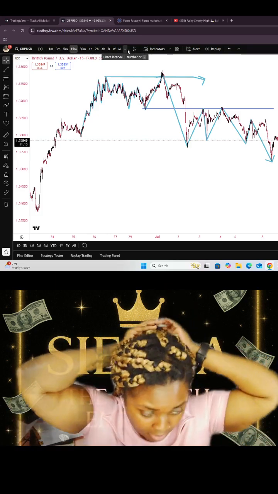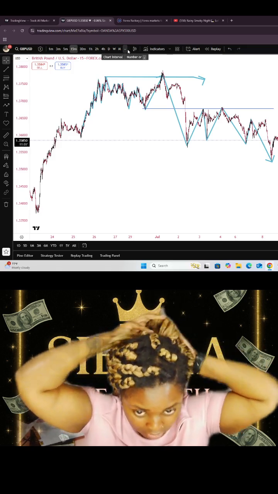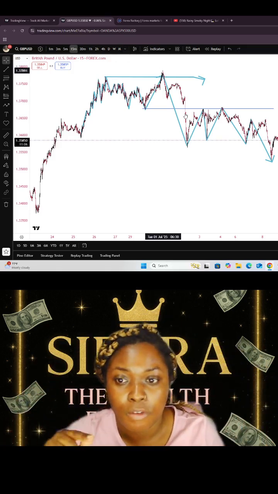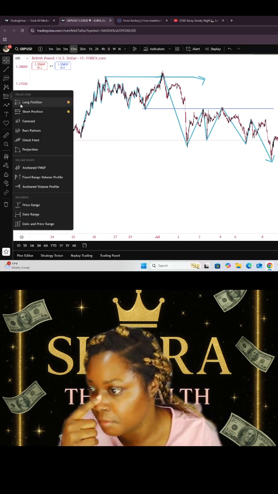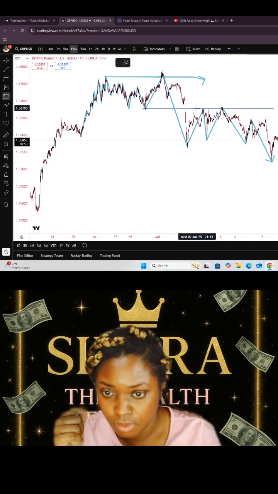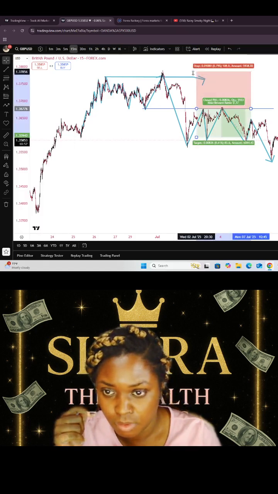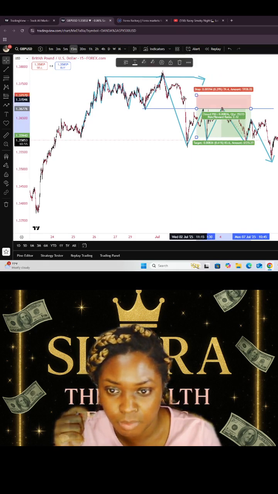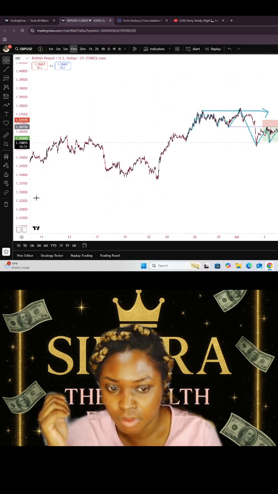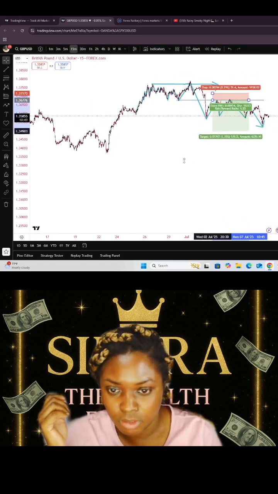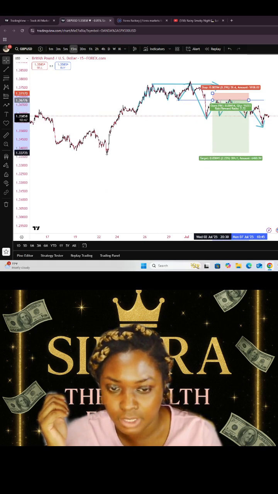Okay? This is what messes people up. They'll see that break of structure on the 15-minute and they'll do this. You can do stop loss here above this candle that created that. And then they'll mark TP down here at this last low.